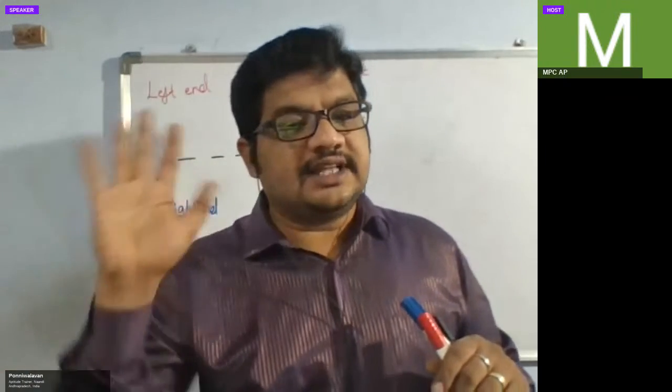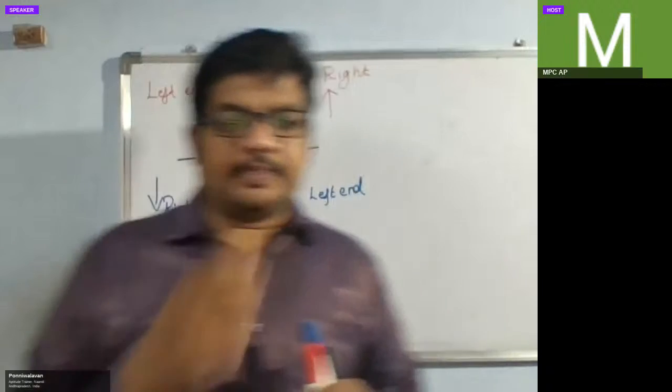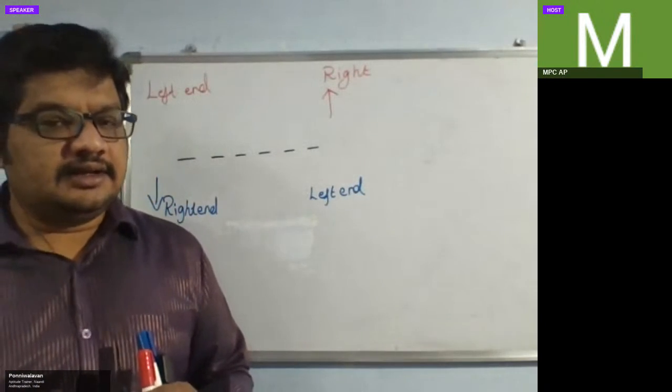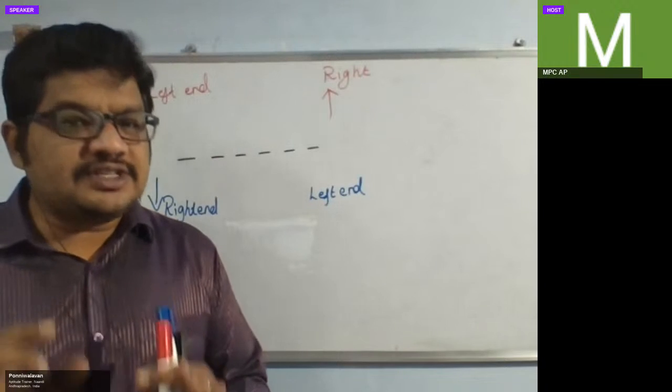But if you consider they are facing downwards, your right is their left and your left is their right. So which is easy?